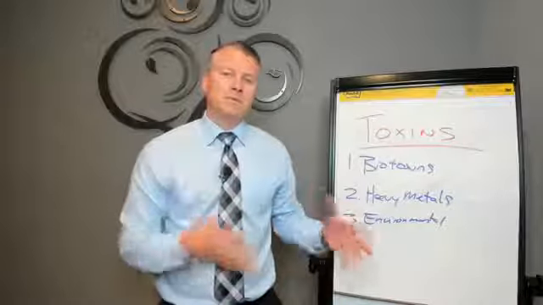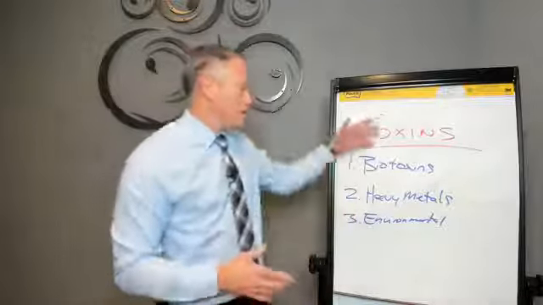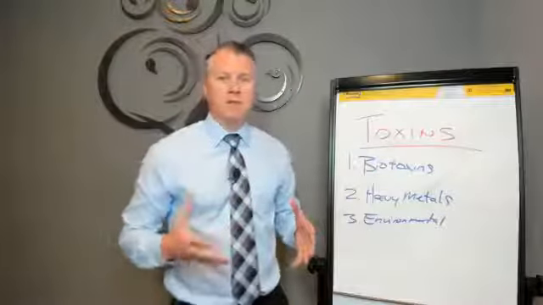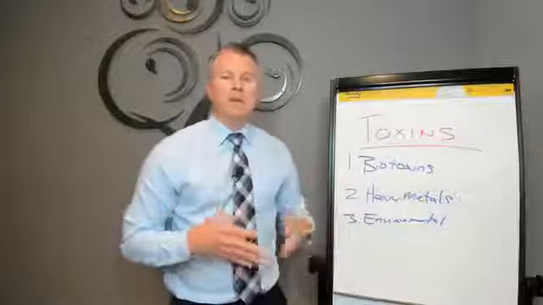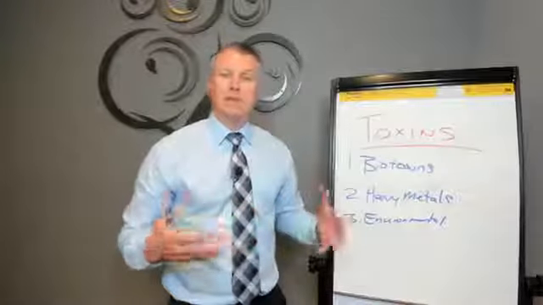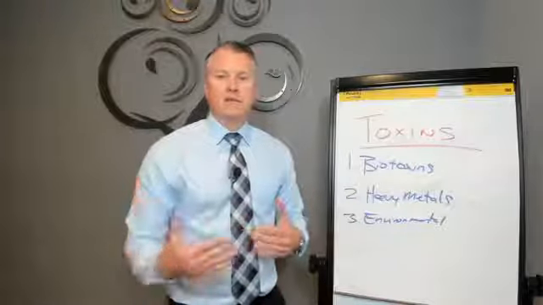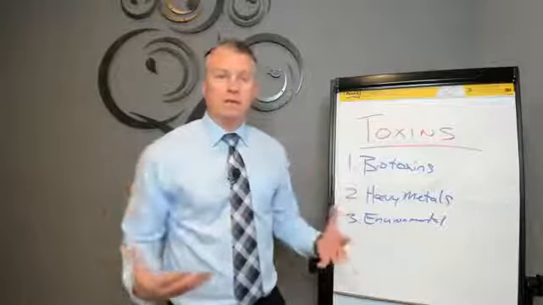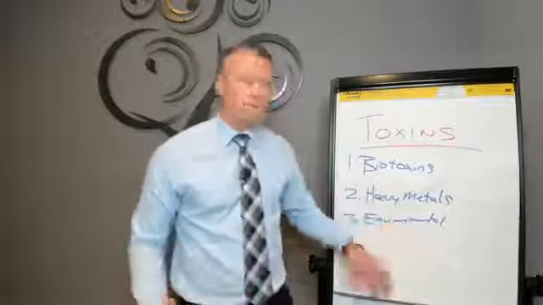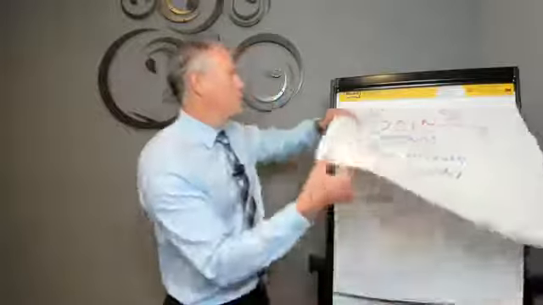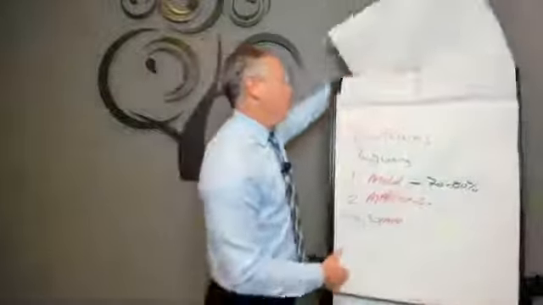But just to review some things we talked about last time, we talked about the 3 different types of toxins that we normally see in the practice. We see biotoxins. Again, bio meaning living, so it's a living organism that typically gets into our body that starts expelling toxins. We see heavy metal toxins, and we see environmental toxins. So let's just go through some of those real briefly here again.